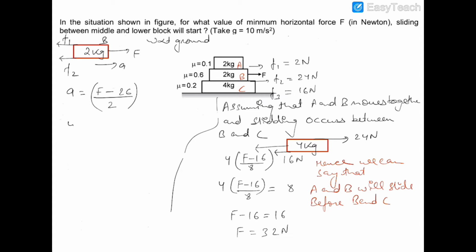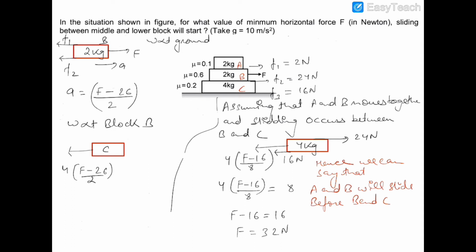And now for sliding between B and C, I am drawing the free body diagram of C with respect to block B. So with respect to block B, this is C, I am drawing the FBD, and the pseudo force will be acting in the reverse direction on block C, and it will be equal to 4a, and a will be equal to (F minus 26) by 2.